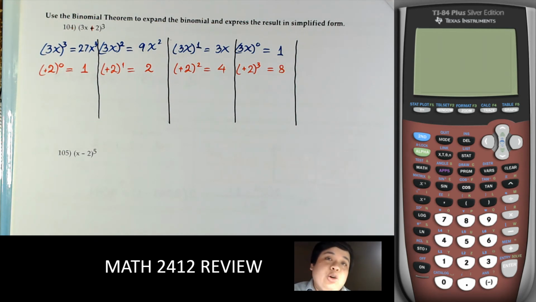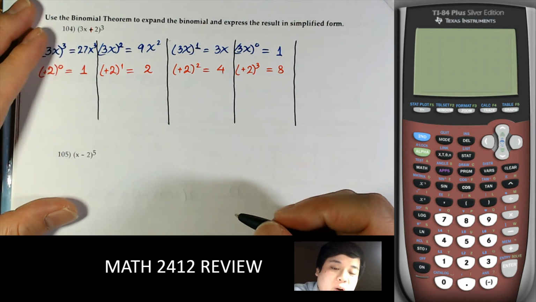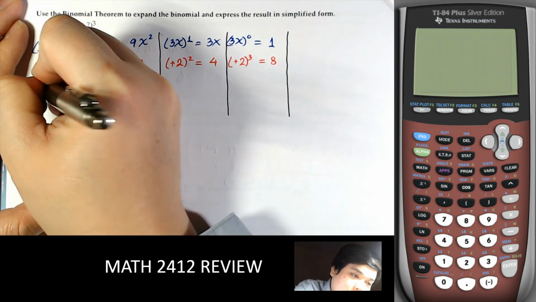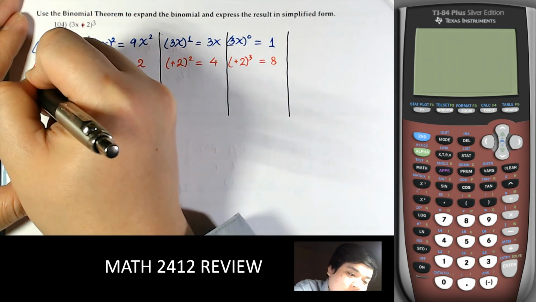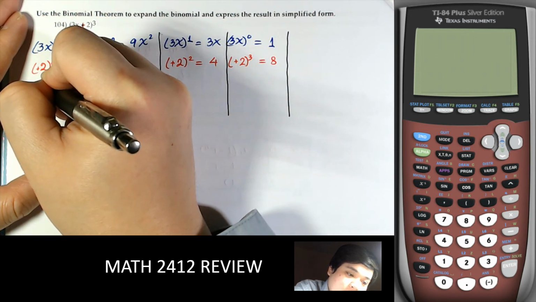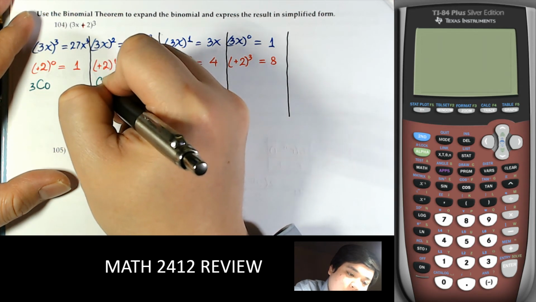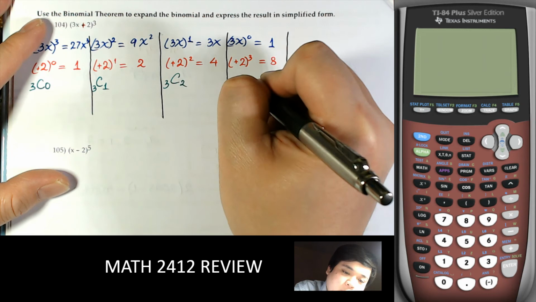And then next, the coefficient. I'm going to use the calculator here. There are quite a few ways to write the binomial coefficient, but I'm going to use C. Just like the calculator, we're going to put 3 and then 0, 3, 1, 3, 2, 3, and 3.